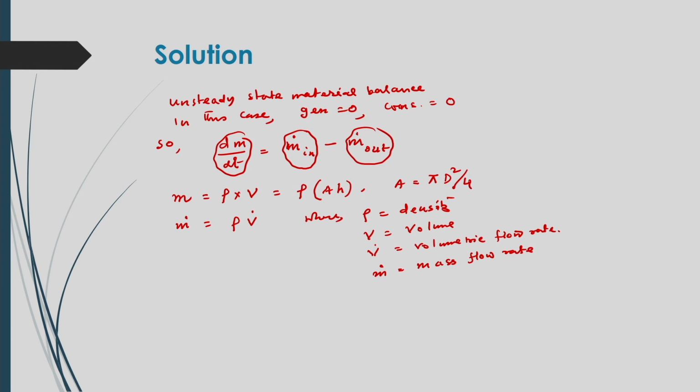Now, simplifying this material balance, we get d(rho A H) divided by dt.